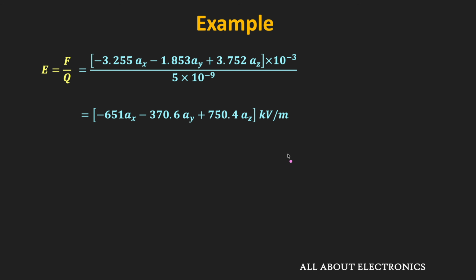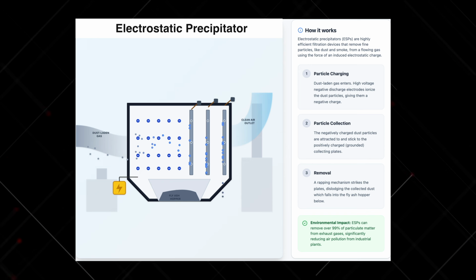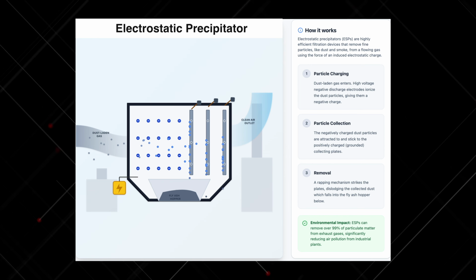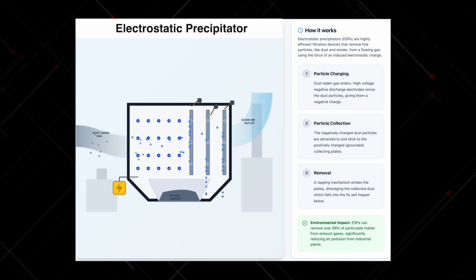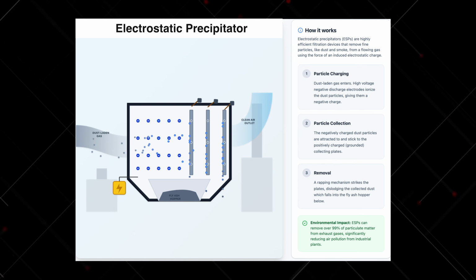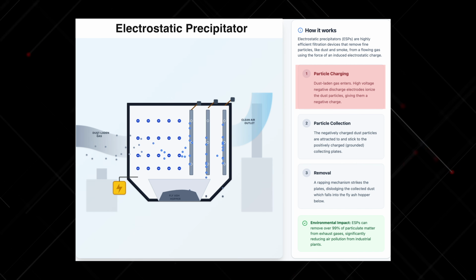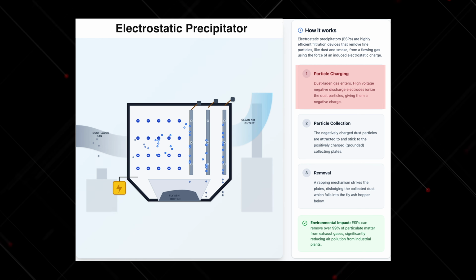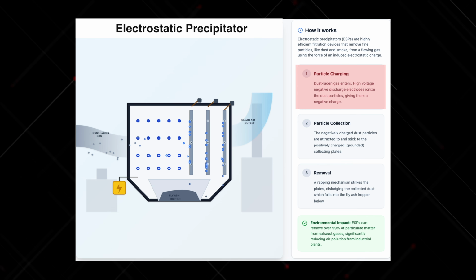So in our day-to-day life also, we are experiencing this electrostatic force. And in many applications also, the same principle is used intentionally. For example, in many factories and the power plants, the electrostatic precipitator works on the same principle for the air pollution control. So in these systems, the smoke particles are passed through the high electric field. So due to this high electric field, the smoke particle gets negatively charged.